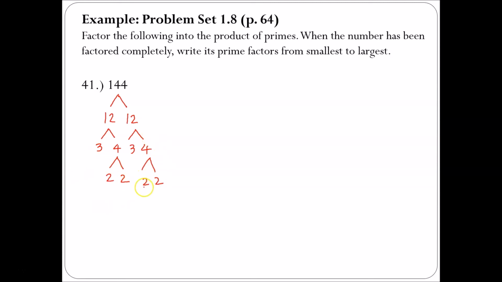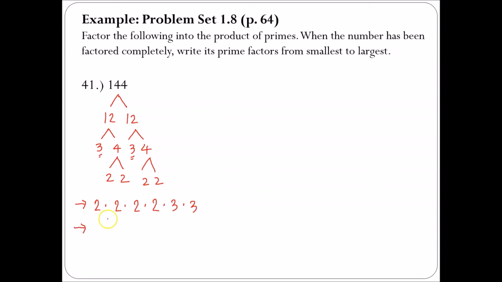So what are the prime factors? 2. How many 2's do we have? 4. So it's 2 times 2 times 2 times 2. And then don't forget we have 3 times 3. So that's the product of primes.